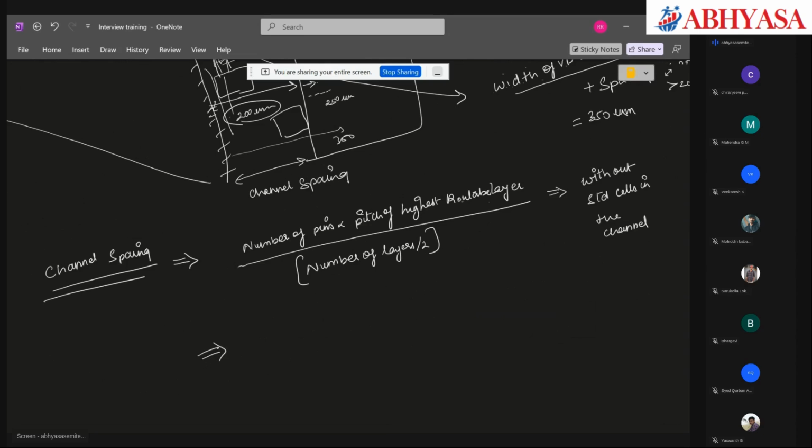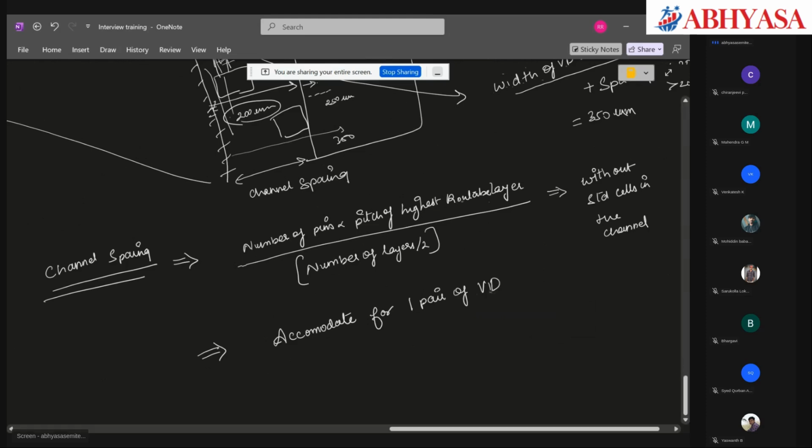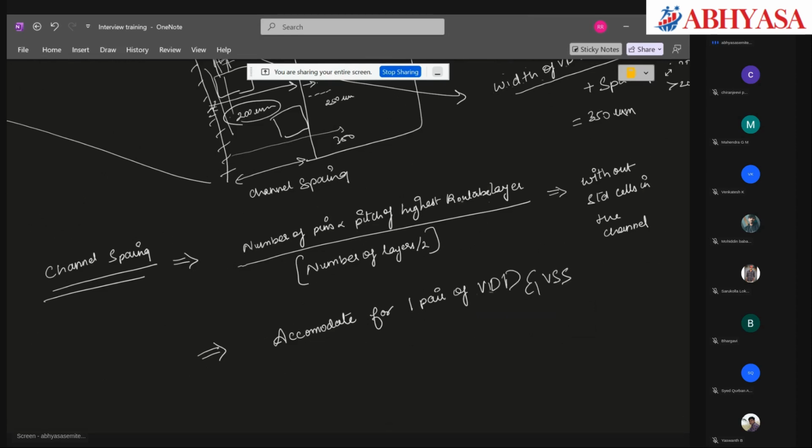If there are standard cells, you have to accommodate for one pair of VDD and VSS with standard cells.